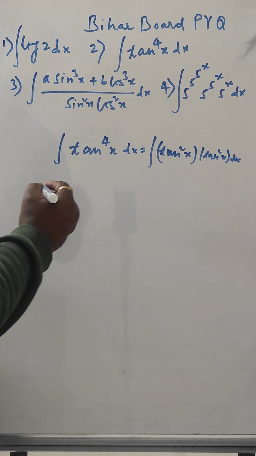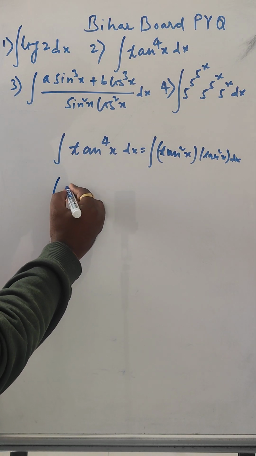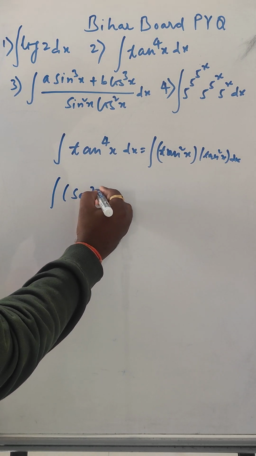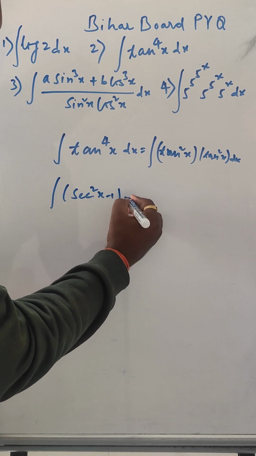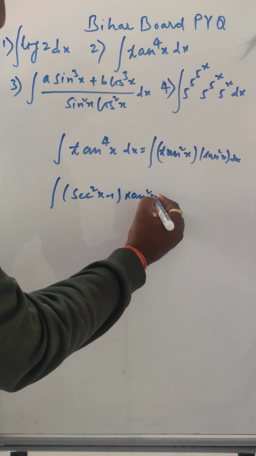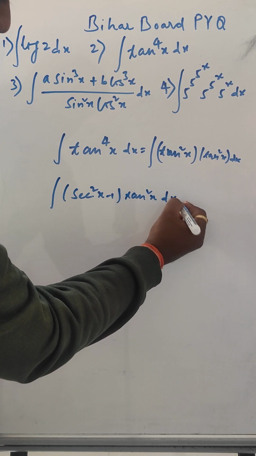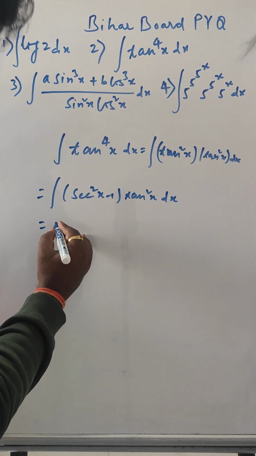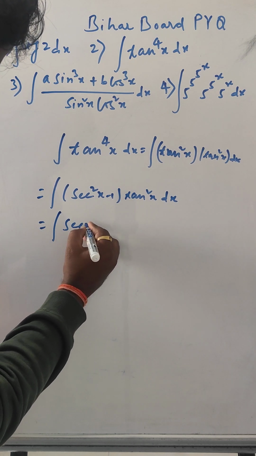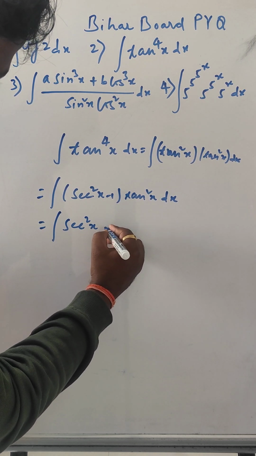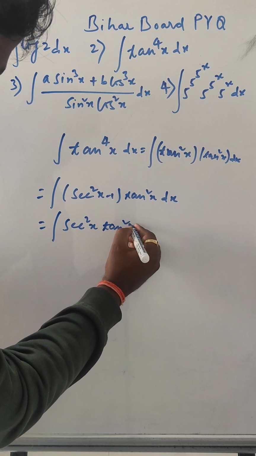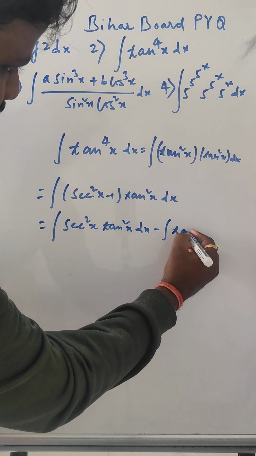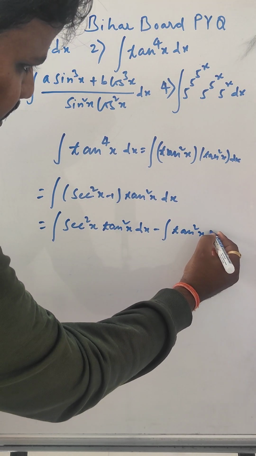So we can write tan^2 x as sec^2 x minus 1, times tan^2 x dx. In the next step, what can we write? sec^2 x tan^2 x dx minus tan^2 x dx.